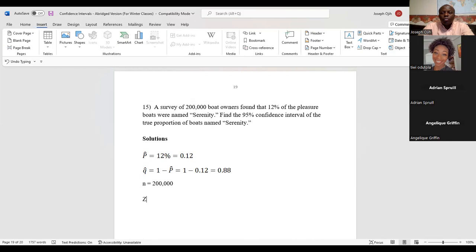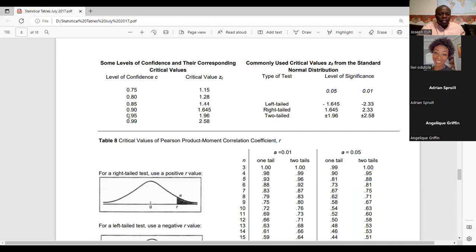Like I mentioned, you can either get it from calculations or from the table if it is given. I have already shown you how to estimate it if it's not given. Since it's given in the table, you can see that 0.95 is 1.96. They call it critical value ZC.